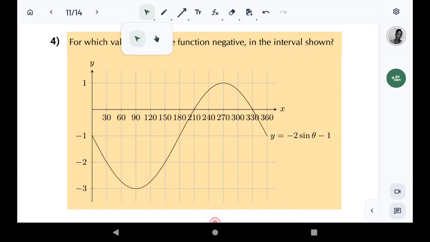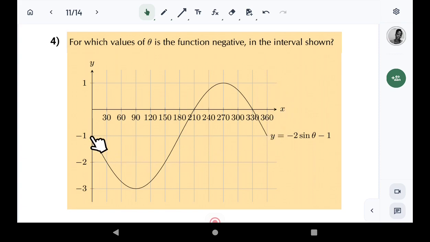Next question. For which values of theta is the function negative in the interval? So when is a function negative? When that piece lies below the x-axis. It is positive when that piece lies above the x-axis, and negative when it lies below the x-axis.